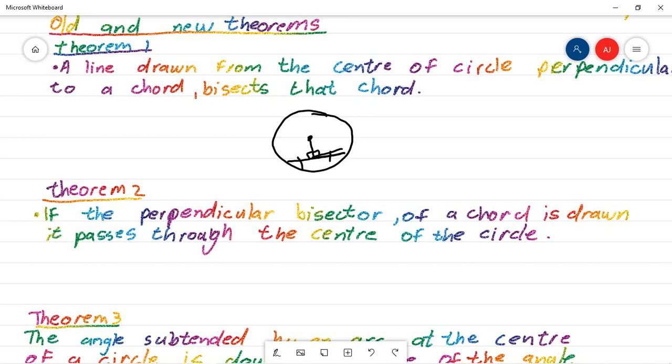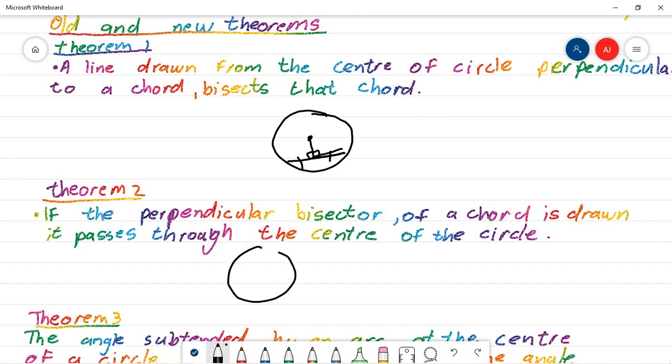The next theorem we have is if the perpendicular bisector of a chord is drawn, it passes through the center of a circle. So what that means, if we have a circle and we draw a chord, and we take the perpendicular bisector of that chord, then that will always cut through the midpoint of your circle.